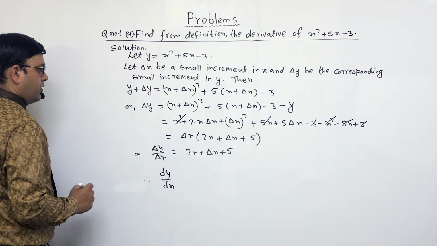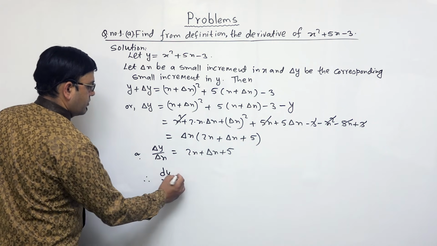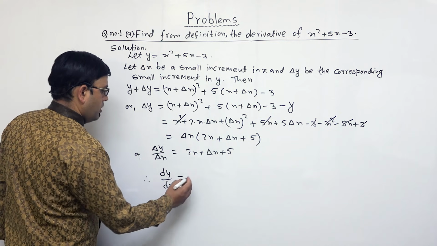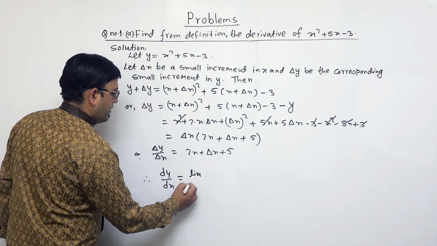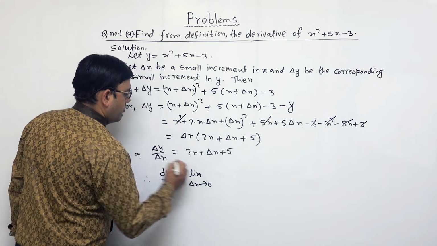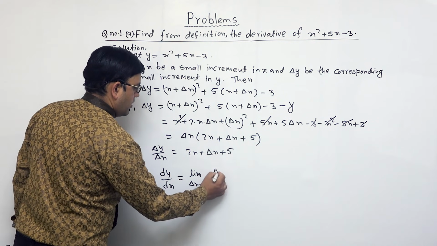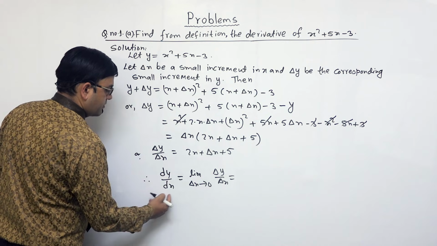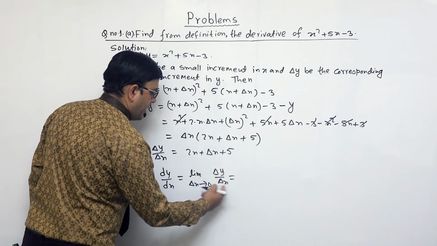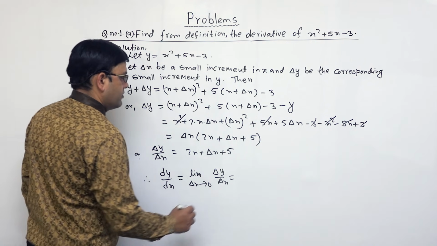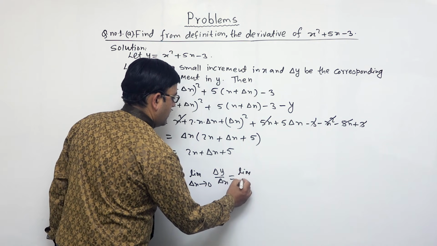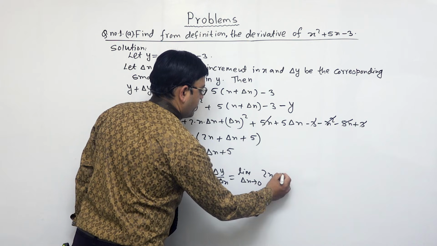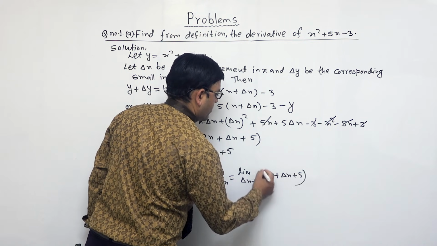Therefore we can write dy by dx is equals to, हामीले dy by dx लेखिसकेपछि we have to write it here, limit del x tends to 0, del y by del x is equals to dy by dx भनेको limit del x tends to 0, del y by del x हो. So this means limit del x tends to 0, 2x plus del x plus 5 छ हामीसँग.